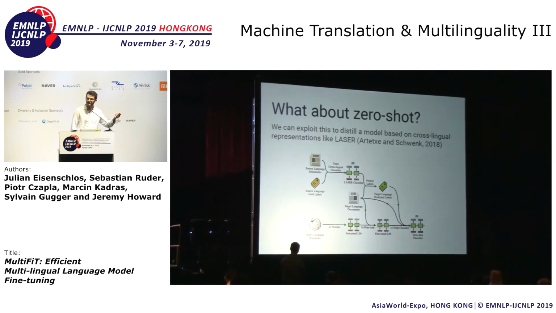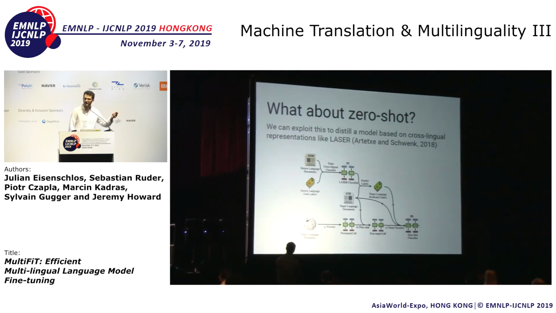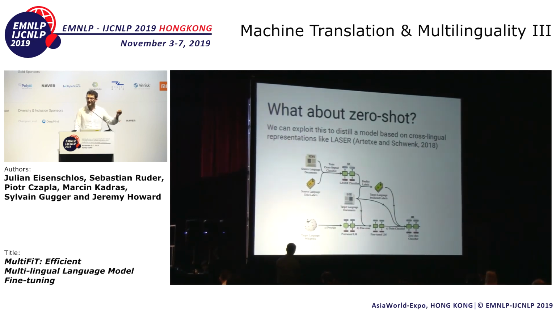You can train LASER on the source training data, and then use that to get predictions for your target training data. So you are bootstrapping from LASER, but then you combine it with a language model, and that actually gives you much better results than just using a zero-shot method.